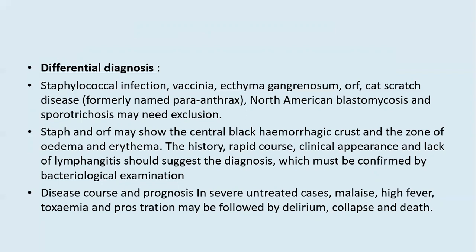History of rapid course, clinical appearance, and lack of lymphadenitis should suggest the diagnosis, which is confirmed by bacteriological examination. The disease course and prognosis. In untreated cases, malaise, high fever, toxemia, and prostration are followed by delirium, collapse, and death.